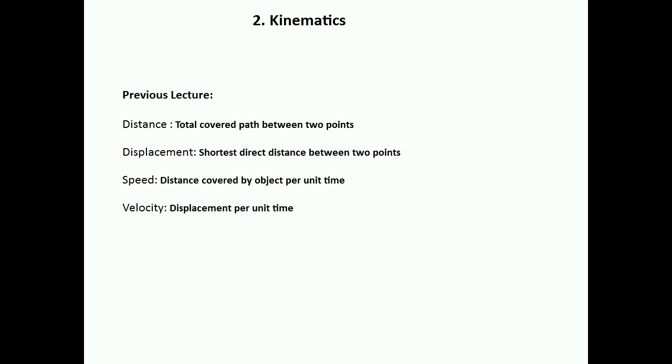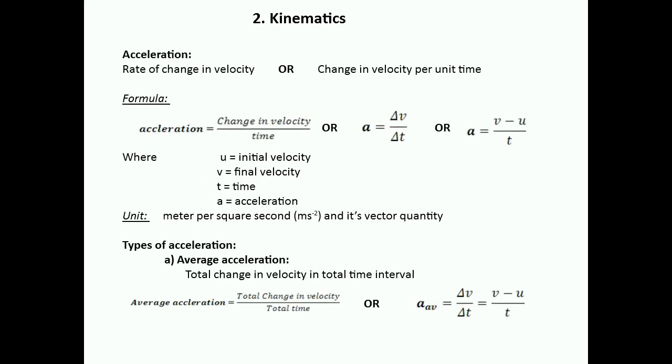And if someone asks what is the similarity between speed and velocity, the unit of both quantities is the same, that is meter per second or kilometer per hour. Dear student, in today's lecture we will discuss acceleration.